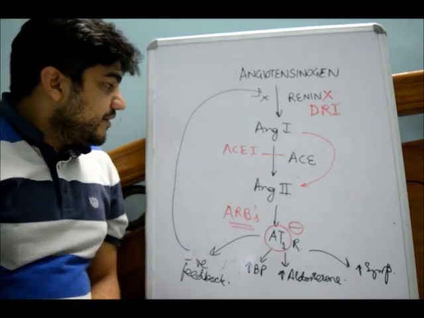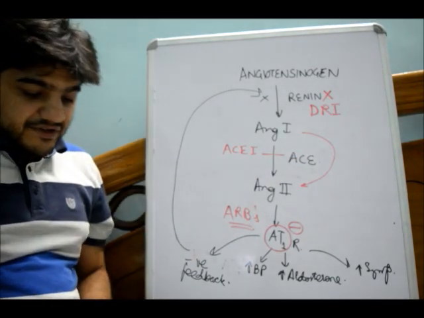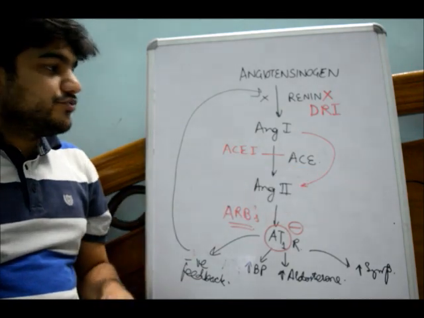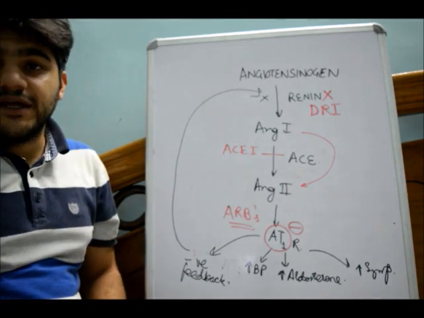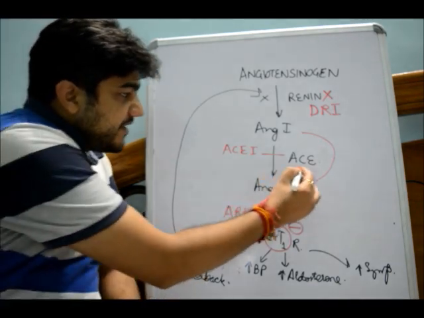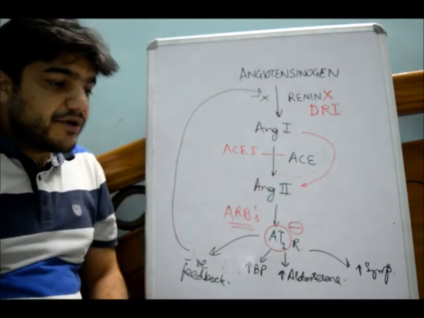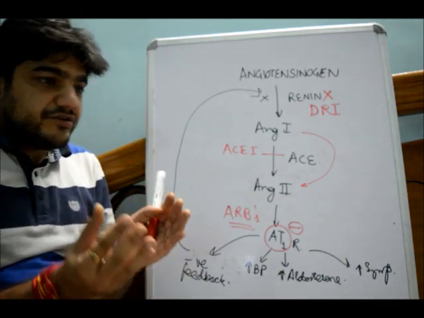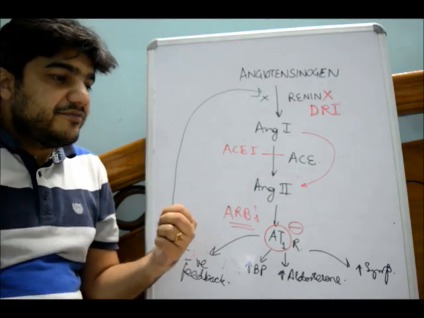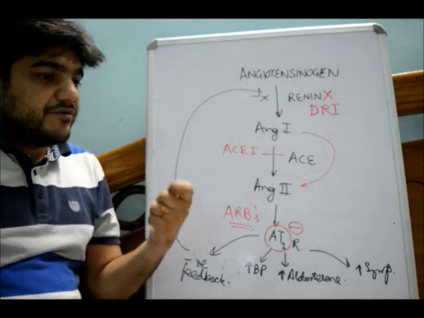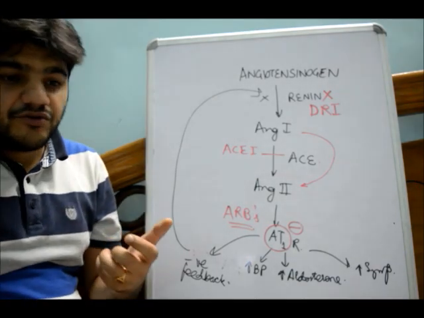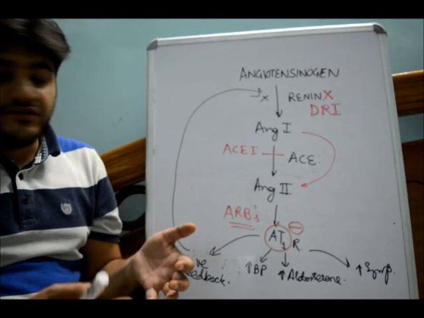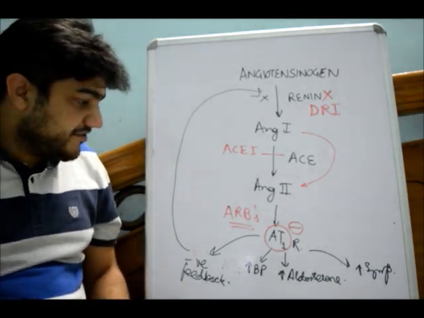renin-angiotensin system. Now the important thing about ACE inhibitors is that the ACE enzyme is also responsible for the breakdown of bradykinin. Bradykinin is a small peptide, and whenever we are giving ACE inhibitors, bradykinin is not broken down, the bradykinin levels rise, and they lead to some side effects with these drugs.